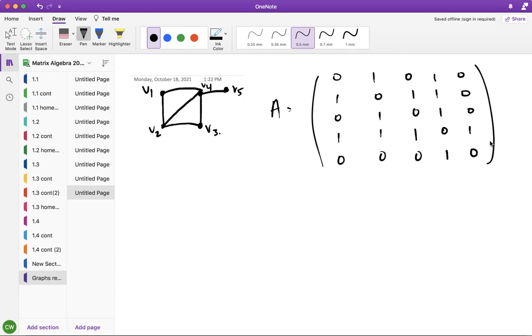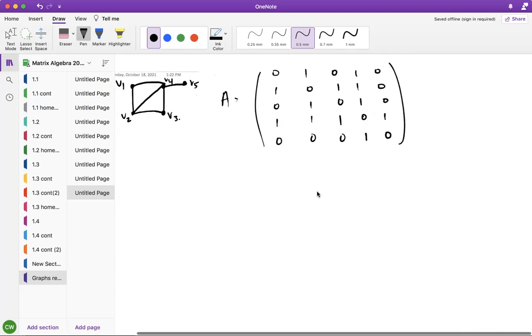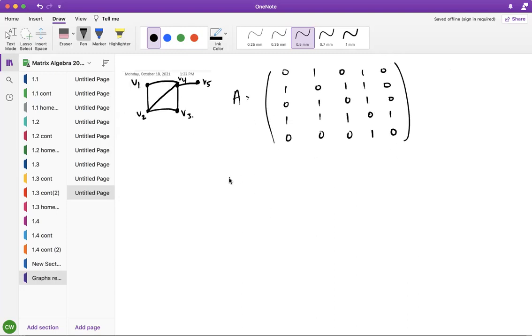So that's your adjacency matrix. Now let's square this. Okay. So for the first entry here, I would get 2.